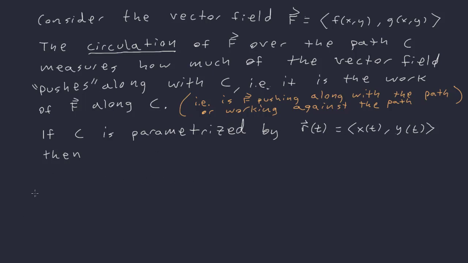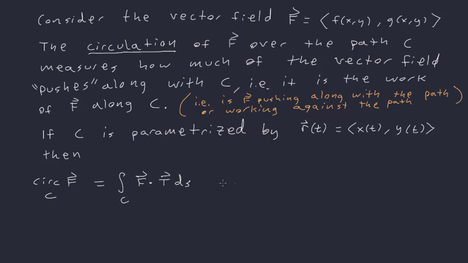The circulation of F over C. This part's not necessary. I just like to write it sometimes. It's written in a lot of different forms. So it can be written like this: the integral over C, so that we're basically just saying we're integrating over C, of capital F dot T ds.